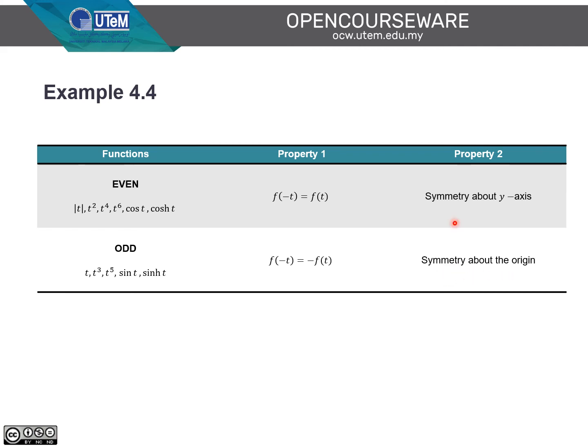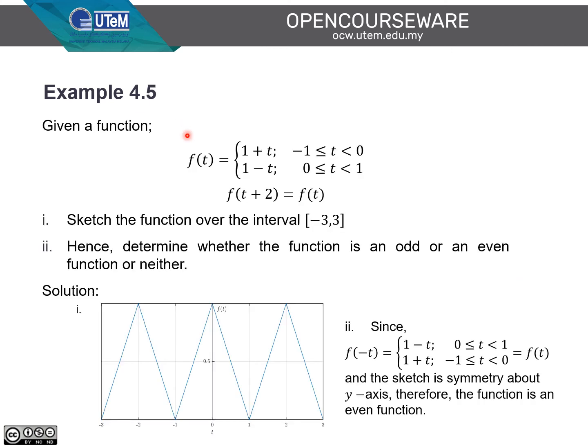The next example: you are given a function f(t) equal to 1 plus t, where t is from -1 to 0, and f(t) equal to 1 minus t when t is from 0 to 1.